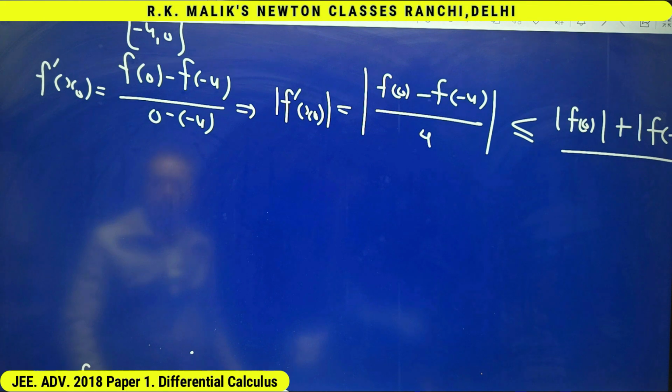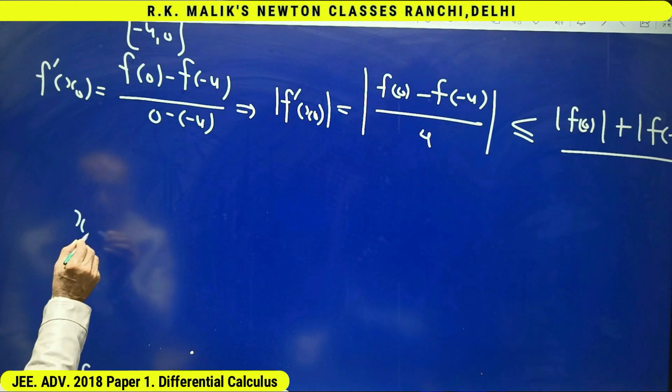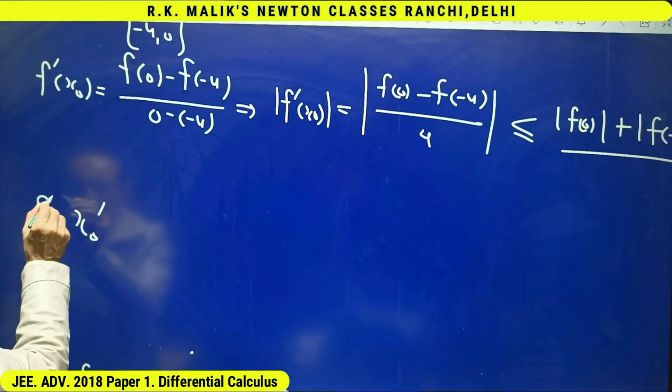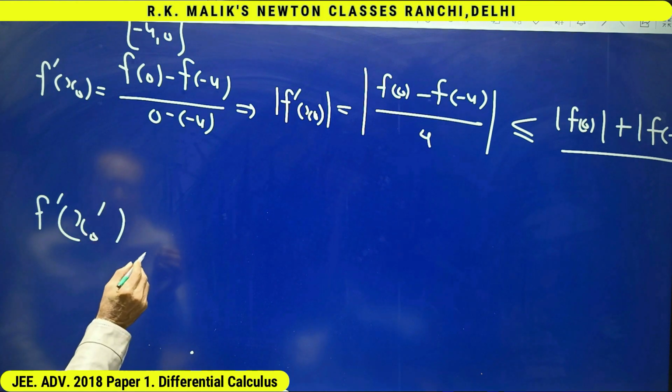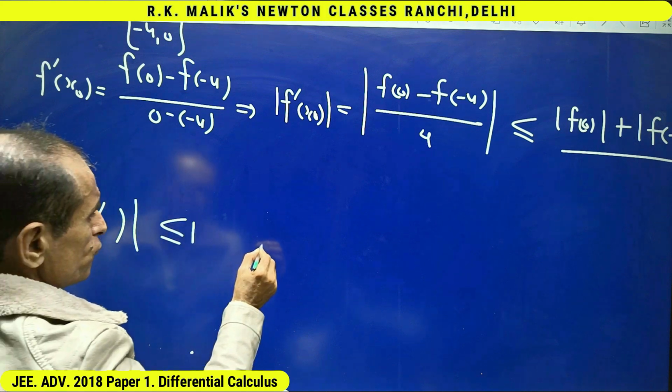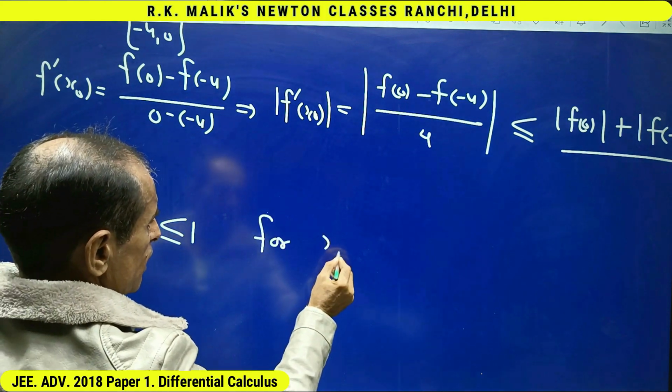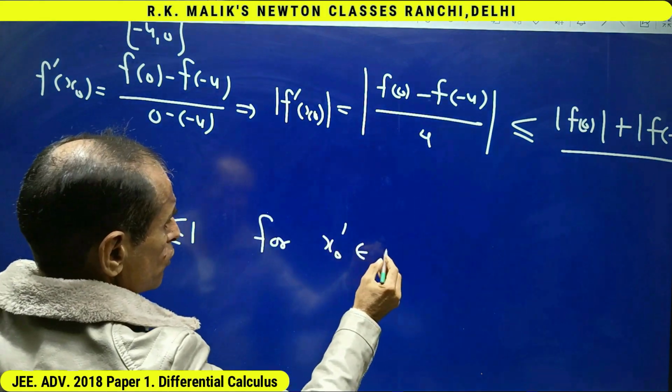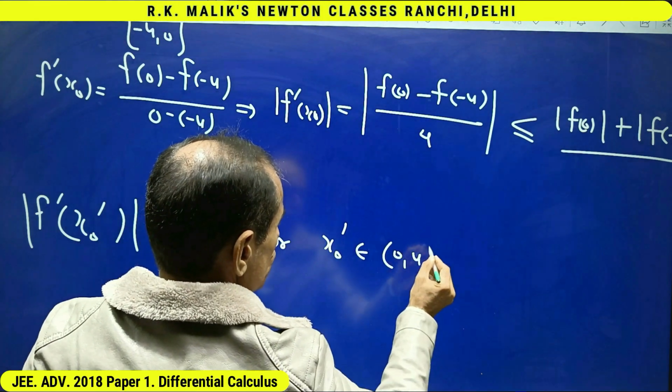Similarly, I can prove there is a number x0 dash such that mod f dash x0 dash is less than or equal to 1 for x0 dash belonging to the interval 0 to 4.